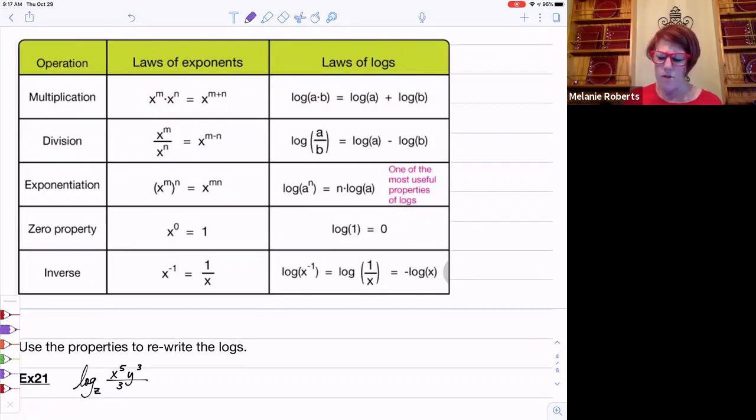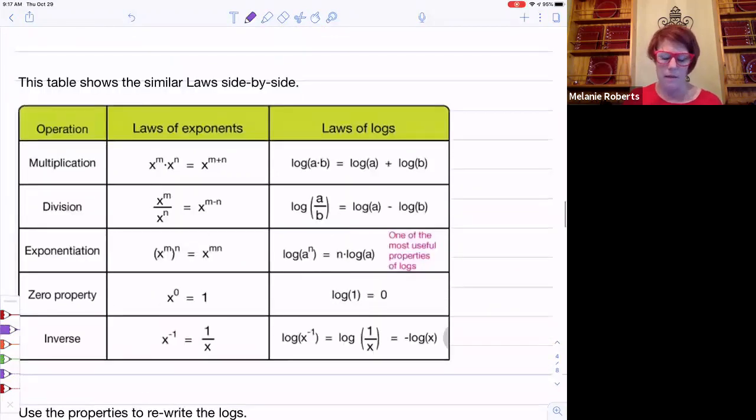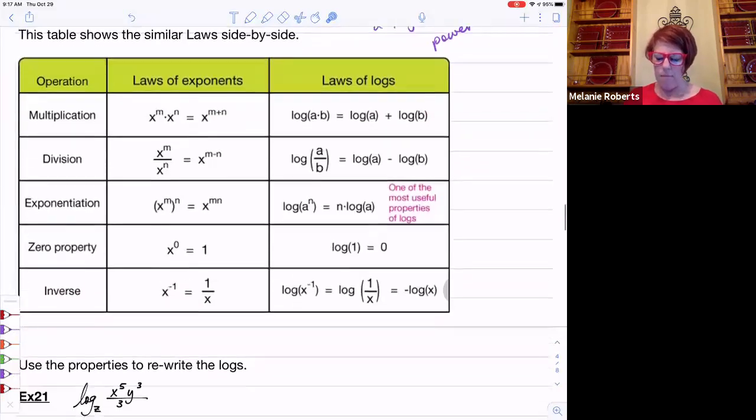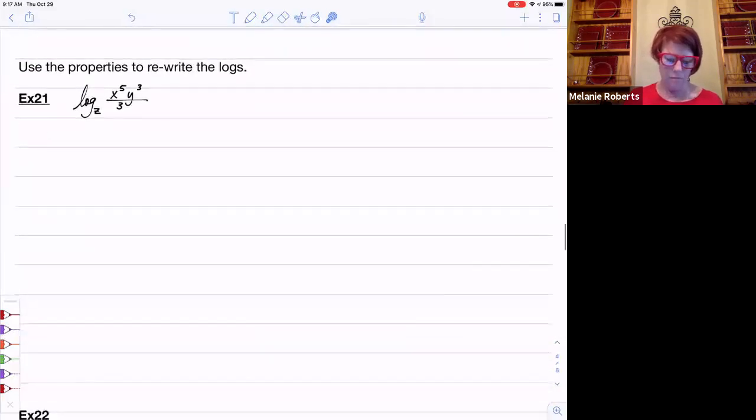One thing I might mention, because I'm probably going to end up saying this at some point, a log is a power. And so it's easy to see here because I'm adding my powers. Well, here I'm adding my two logs. And since a log is a power, I'm adding my two powers. So that's just something that might be helpful in the future.